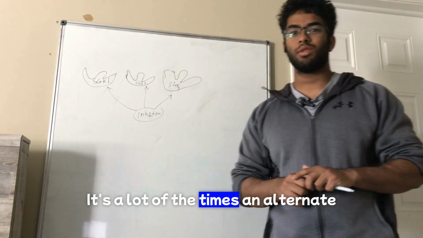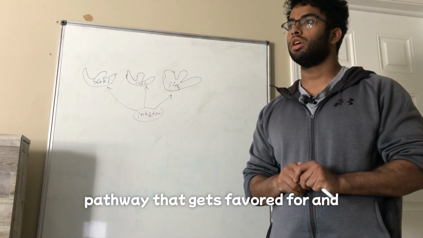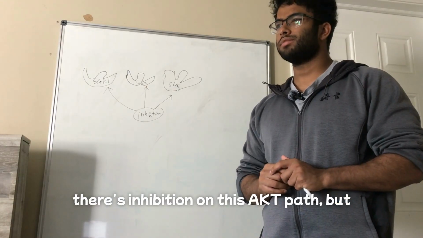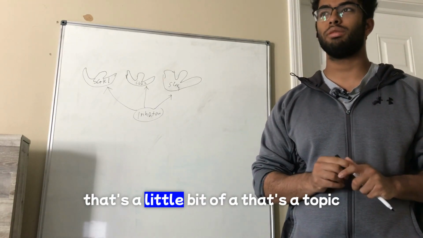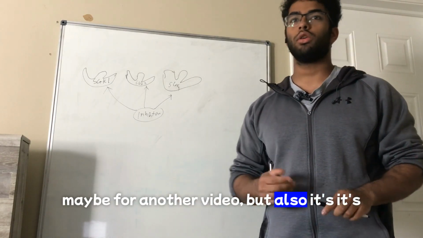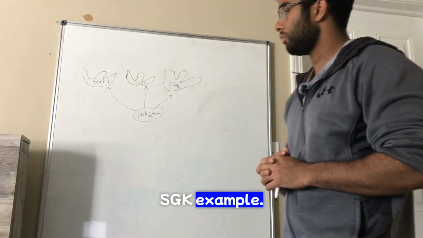It's a lot of the times an alternate pathway that gets favored and exhibits oncogenic properties when there's inhibition on this AKT path, but that's a topic maybe for another video, and also a very long topic. So we're going to just talk about this SGK example.